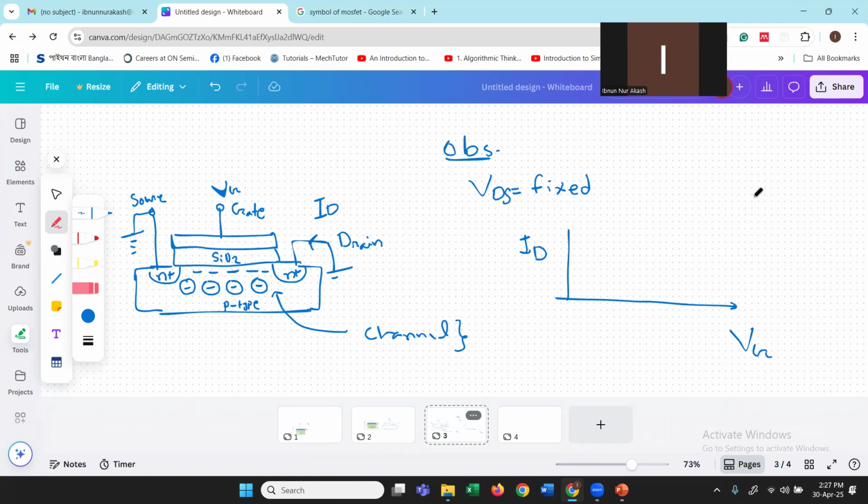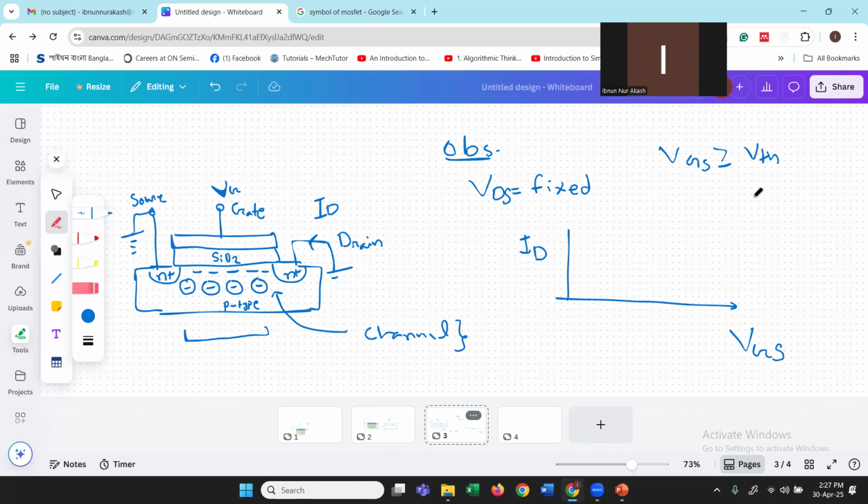Instead of VG, we can write VGS. As I have said, when VGS is greater than or equal to VTH, we will form a channel, and that channel is responsible for the flow of current.